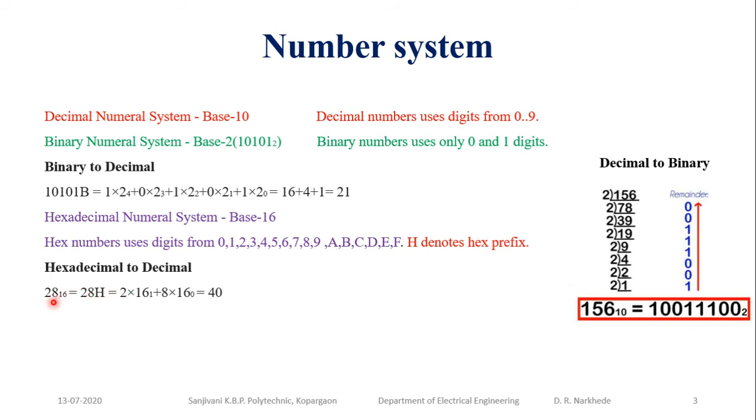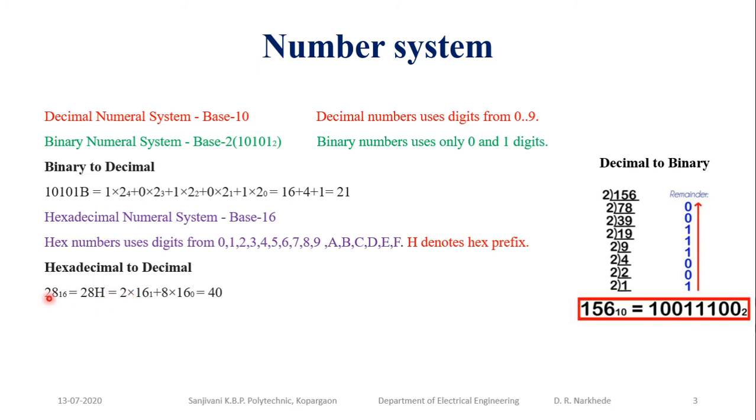It can be represented as 28 with base 16, or 28H, which shows it is a hexadecimal number. If nothing is written, only plain 28, then it is a decimal number. For decimal numbers we are not going to write anything, because by default we use the decimal number system in day-to-day transactions.